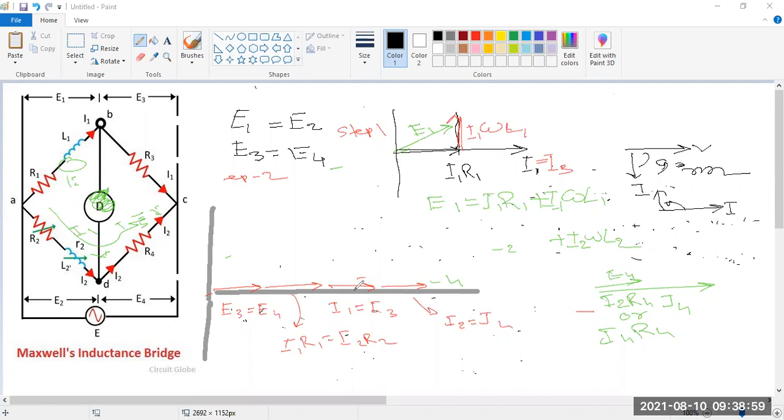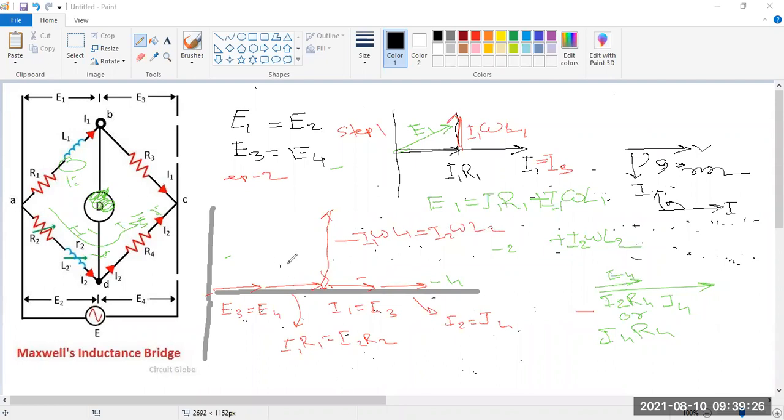So here that is I1 omega L1, that is I2 omega L2.